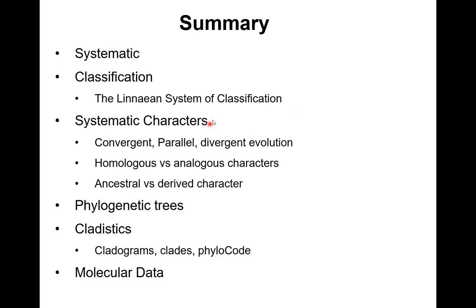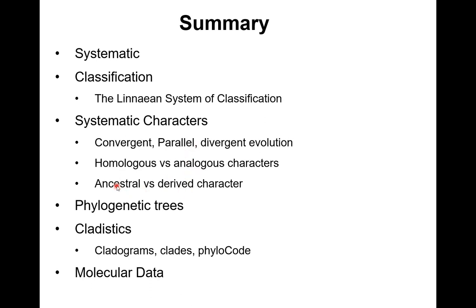Then we talked about the characters used to do classification: homologous and analogous characters, and how they relate to different types of evolution. We talked about convergent, parallel, and divergent evolution. Then we defined what ancestral and derived characters are, and how you can figure out which is ancestral or derived when you look at a specific character.